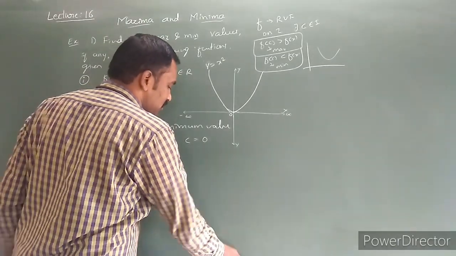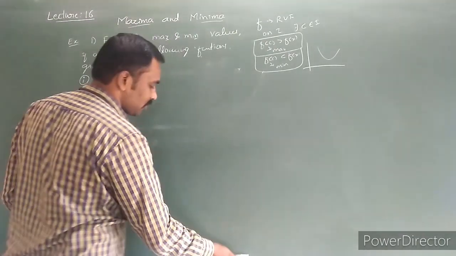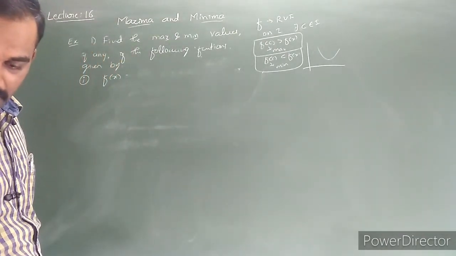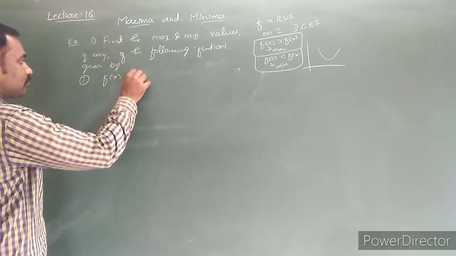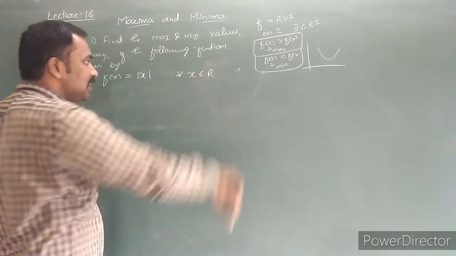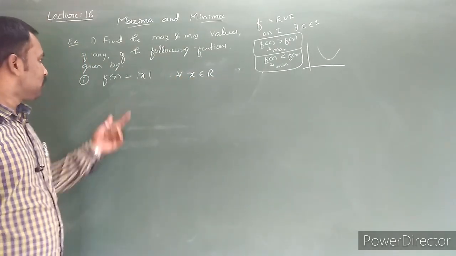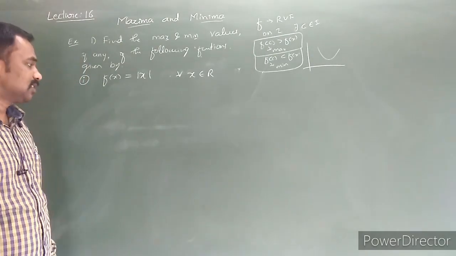Okay. Next one is f of x is equal to mod of x, for x any real number. F of x is equal to mod of x for all the real numbers.